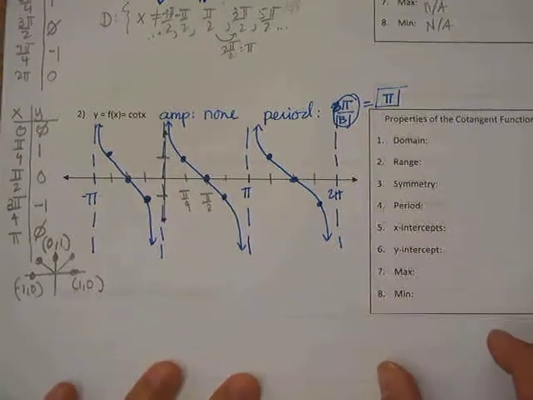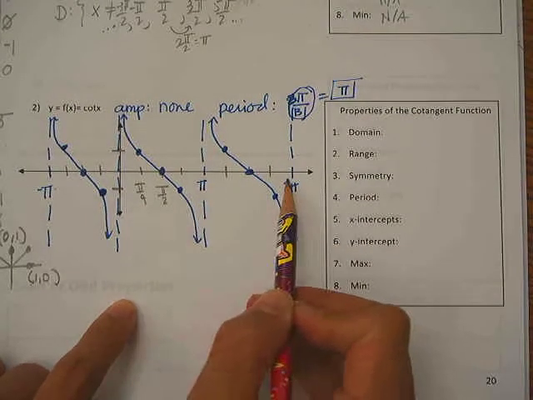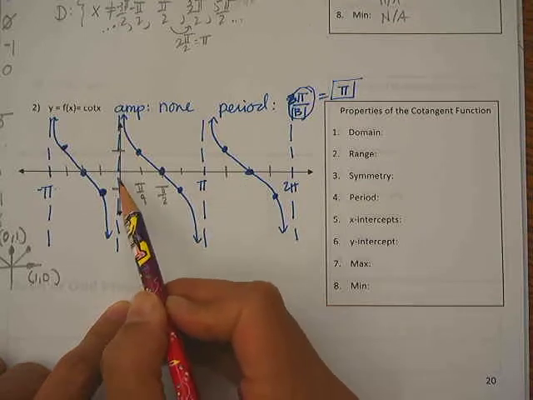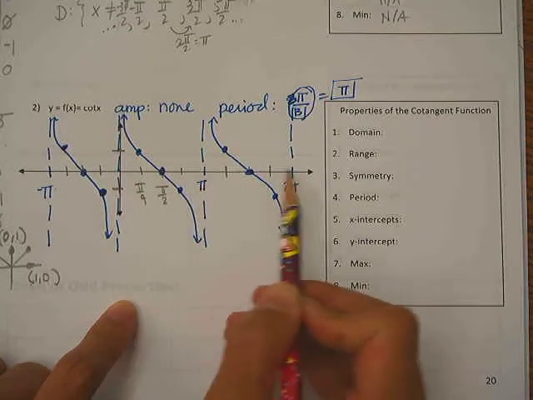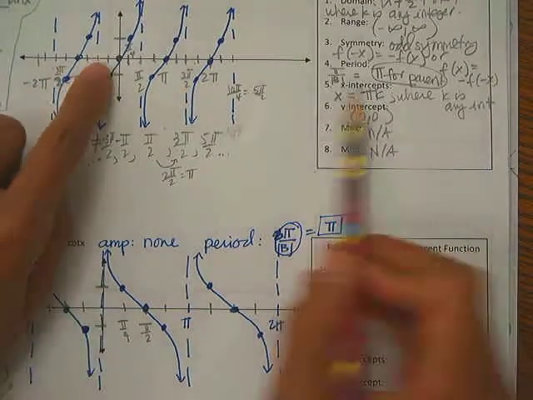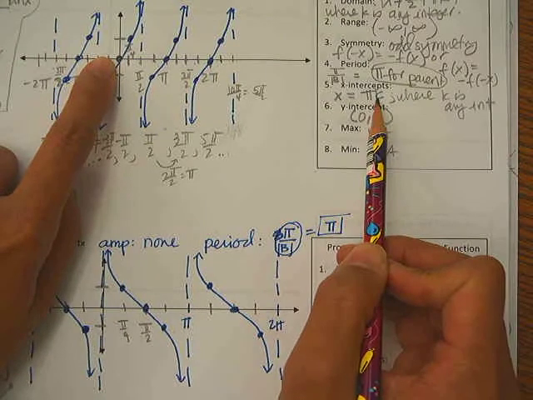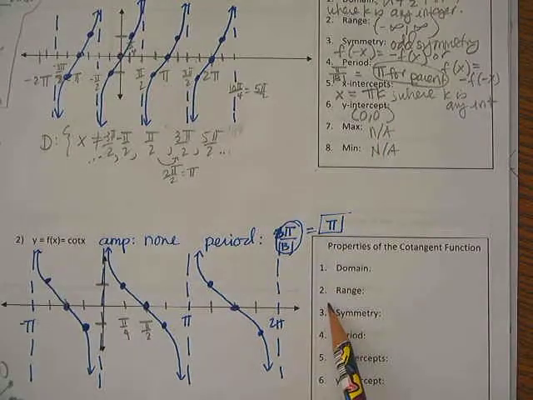So now let's answer all of these awesome things right here in the box. Okay, domain. We're going to have to exclude all of the asymptotes. So it looks like I'm excluding 0, pi, 2 pi. That is very similar to the x-intercepts, right? Look at the x-intercepts: 0, pi, 2 pi. So technically I'm going to use the x-intercept from tangent and write it in my domain.